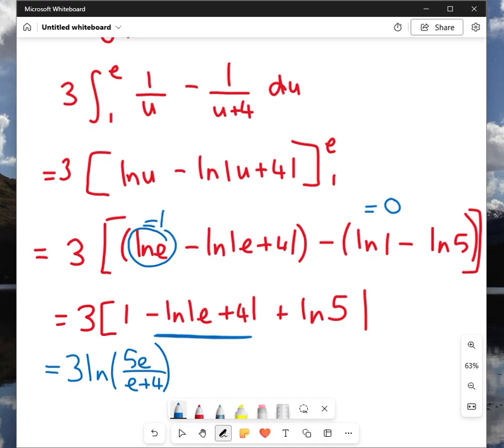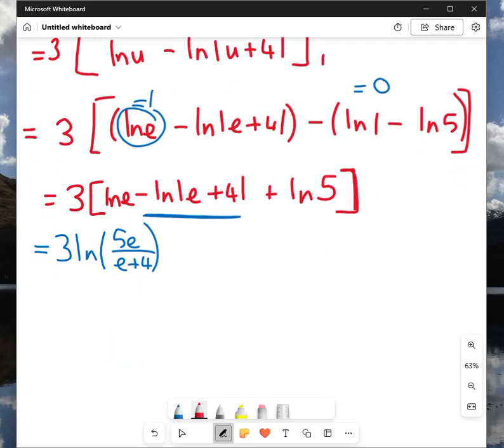So actually what we're going to do there is we're not going to write that as 1, we're going to keep it as log of e, because again, with laws of logs, when we have two logs added together, we can write that as a multiplication. So let's rewrite this and see if we can make it look like that. I'm just going to change the order of it. So I have the log of e plus the log of 5 minus the log of e plus 4.